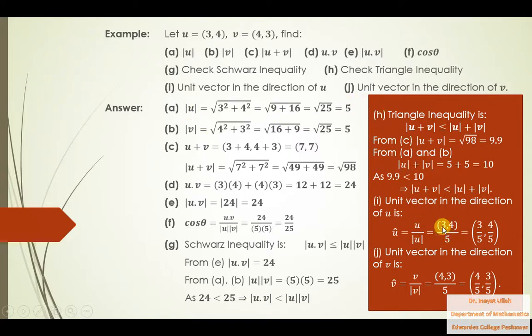Now divide 3 as well as 4 by 5, and that is the unit vector in the direction of u. Similarly, the unit vector in the direction of v is obtained by dividing the v vector, which is 4, 3, by its magnitude, and the magnitude of v from part b is 5. So that is the unit vector in the direction of v. All those topics are covered in this example.